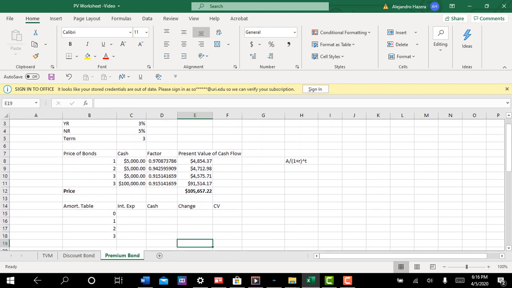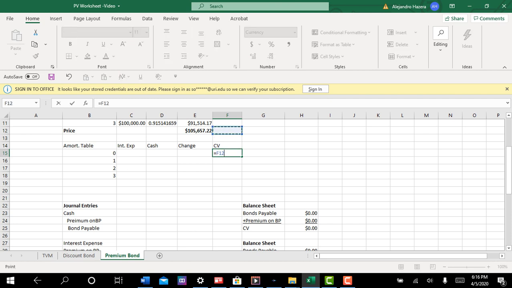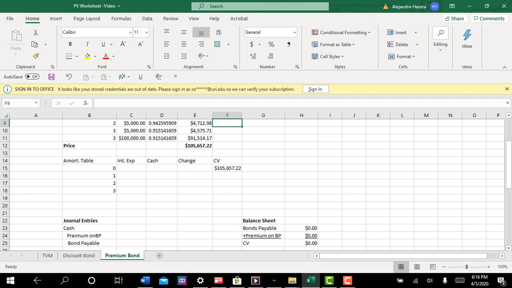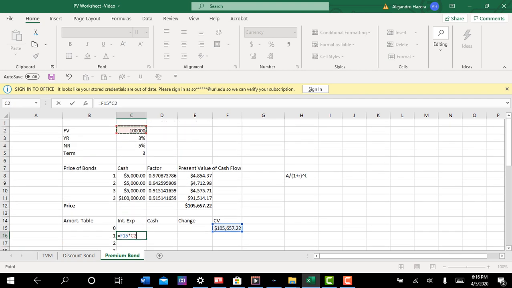So let's go down to the amortization table, and you should know that this is the table that all the numbers are taken from. Just like in the other example, your initial carrying value is the price of the bond, no exceptions. The equations are going to be the same for everything. Your interest expense is going to be the previous year's carrying value times the 3% yield rate.